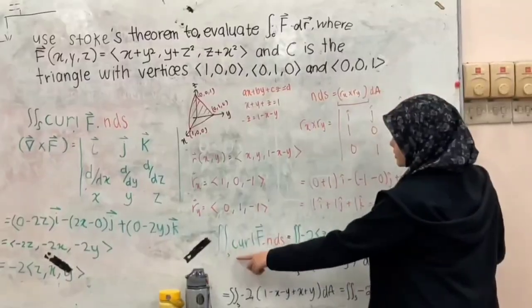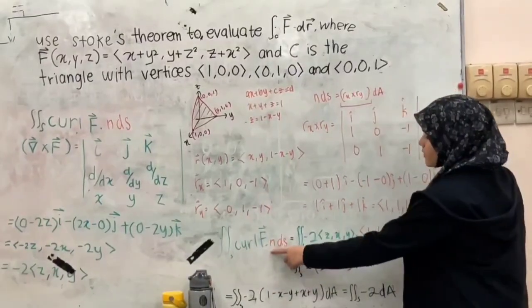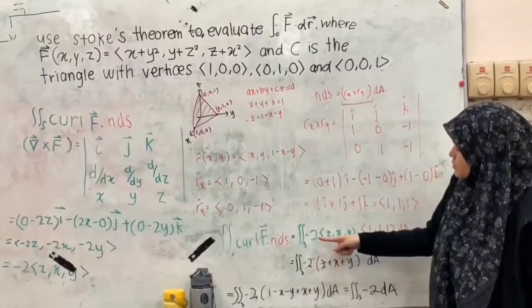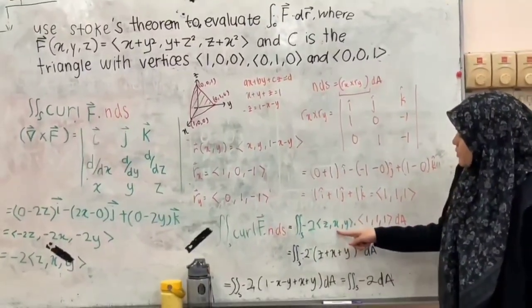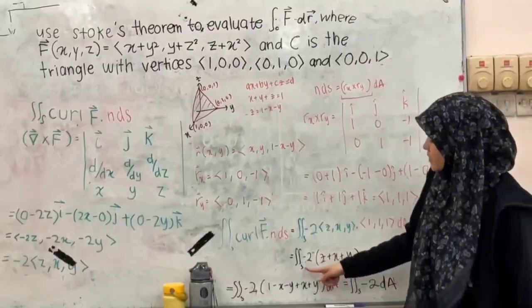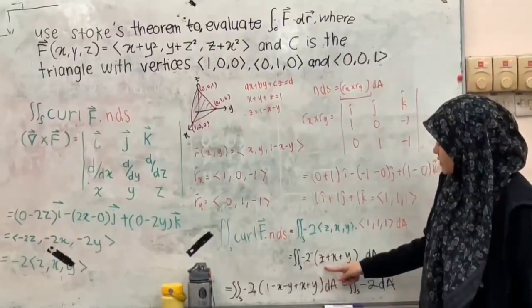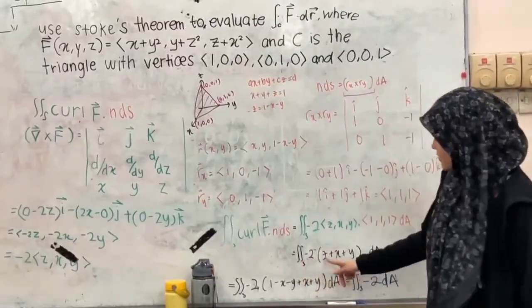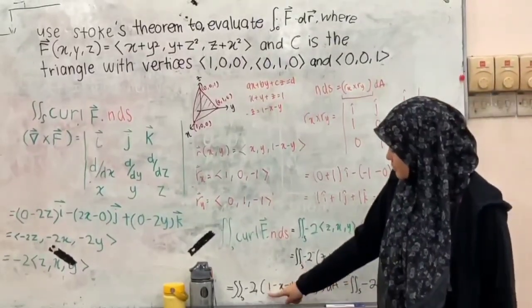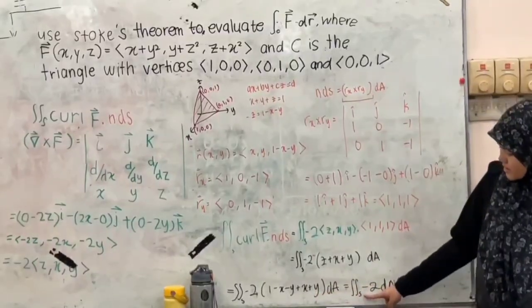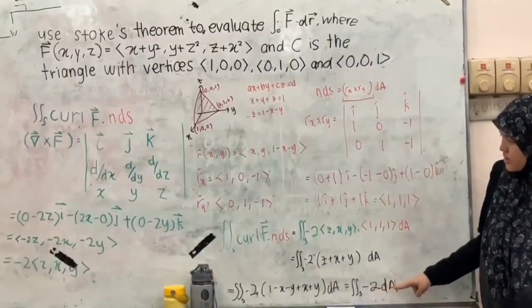We get the integral over S of curl F dot n dS equal to the double integral over S of negative 2 times z, x, y dot 1, 1, 1 dA. We get the double integral over S of negative 2 times z plus x plus y dA. From here we insert z equal to 1 minus x minus y. We get the double integral over S of negative 2 dA.